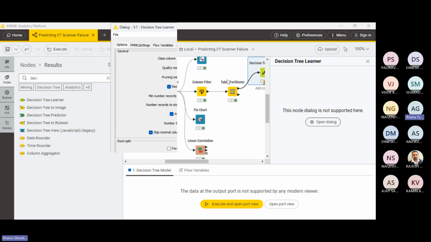That gives me the maximum confidence. This maximum confidence means there is no impurity, no mixture. It's different from saying that if the radiation leakage is less than 10%, 60% of the machines do not fail, but 40% of the machines fail.